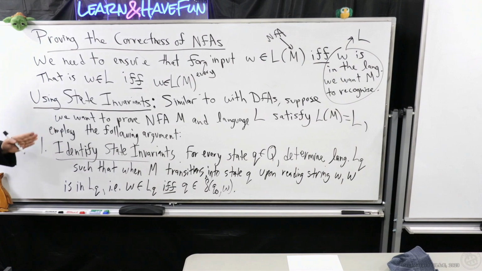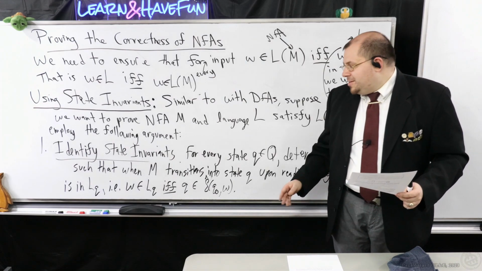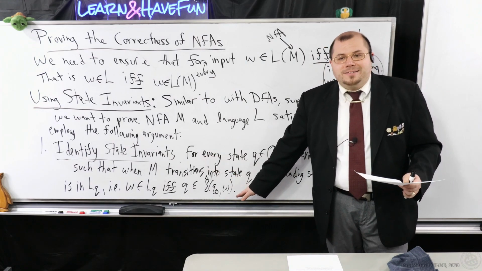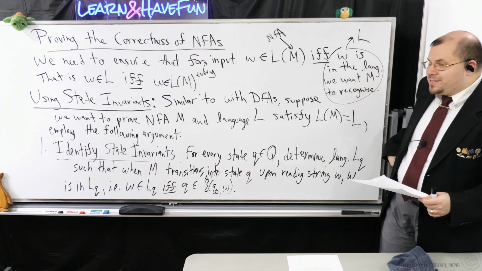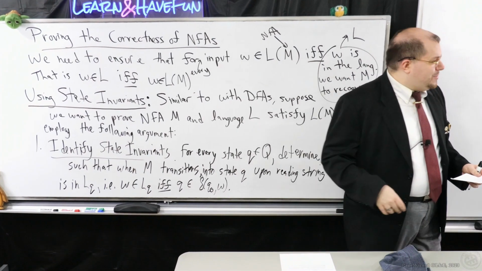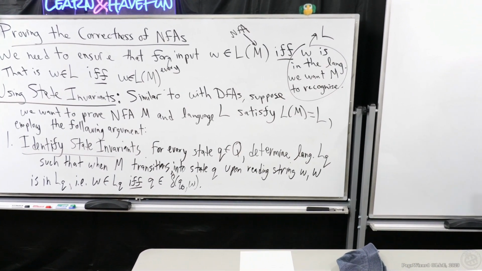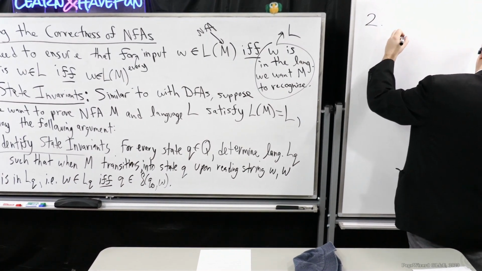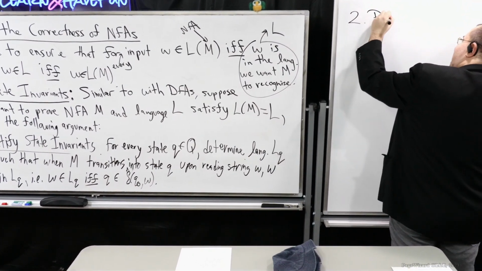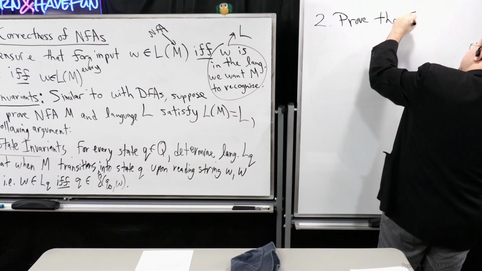What matters is that Q is in the set of states upon processing W. So this if and only if has to exist, and you do this for each one of the states. That's the first step, and I would argue that's probably the hardest step, identifying those. The rest of it is a little bit more of the busy work, okay? But you have to check. Now you actually have to prove the state invariants.